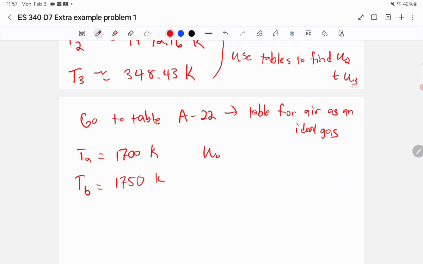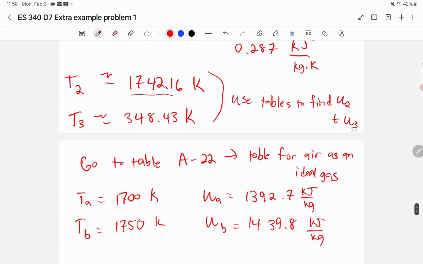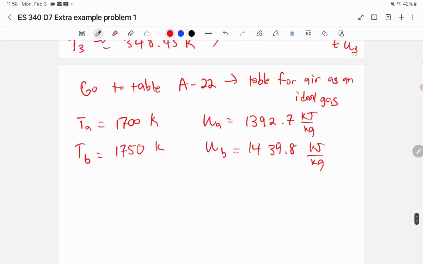And UA is equal to 1392.7 kilojoules per kilogram. And UB is equal to 1439.8 kilojoules per kilogram. And notice that what we want is 1742.16, right? That's why we need to do this. So we're going to need to do some interpolation.